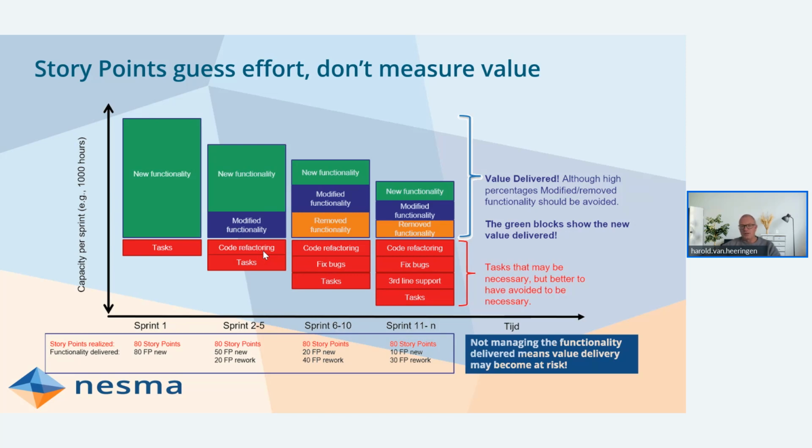Bugs, yeah, you have to fix them. But it would have been better to write the code in the right way the first time, and avoid having to fix the bugs, because then you could have spent that effort on the new functionality, for instance. You can become more productive. So this is what we see happening a lot through time with Agile teams.